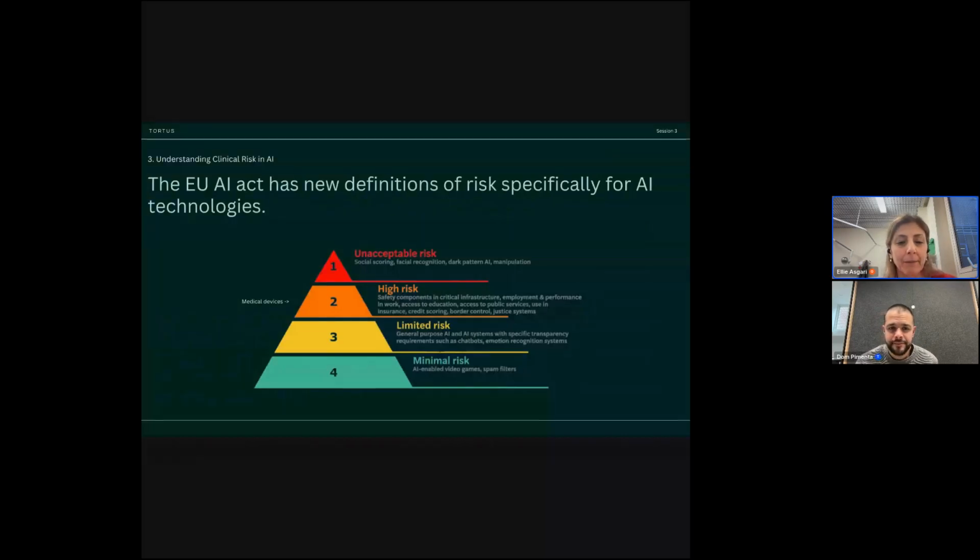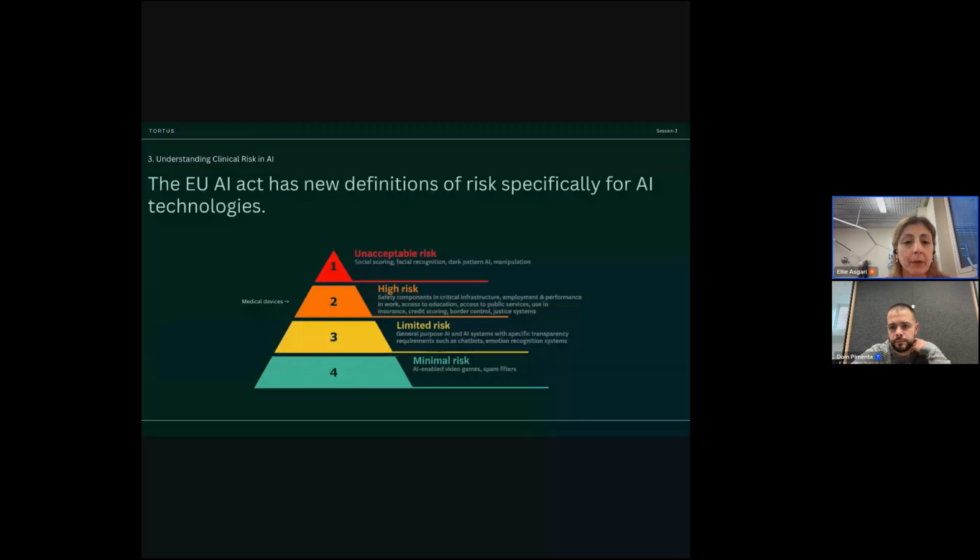So I just wanted to make a point about the EU AI Act. A lot of people have been talking about it. It took a long time for the different EU countries to come up with this regulation. And what they have done is also a risk-based assessment for the AI technologies, which includes medical technologies, and this is all AI technologies.